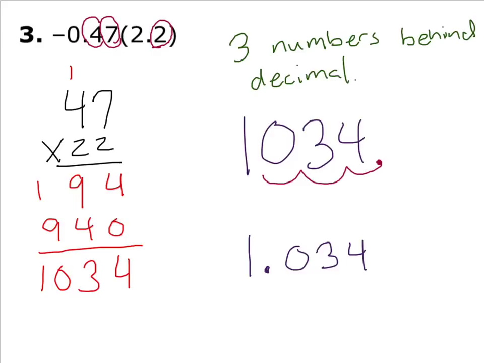Since I have 3 numbers behind the decimal, I move my decimal 3 places. And we'll talk a little bit more about that on some of your examples on your homework tomorrow. All right, let's take a look at our next one.